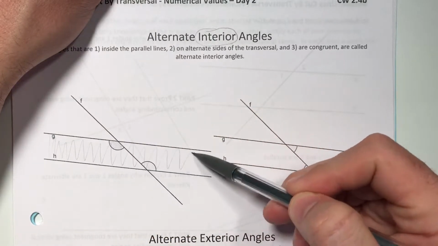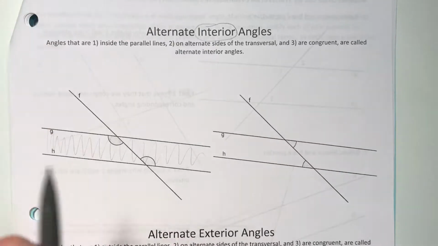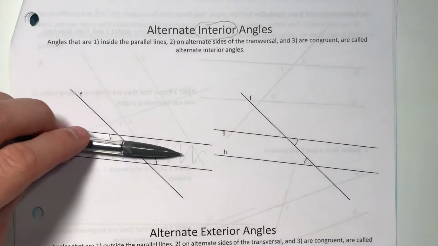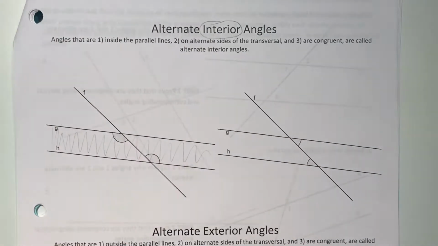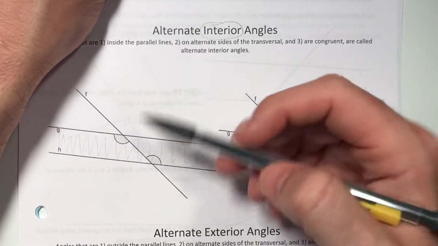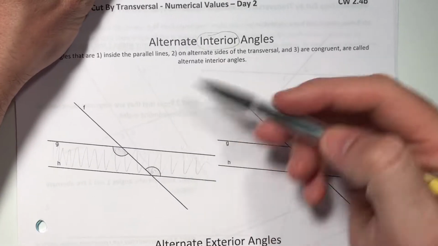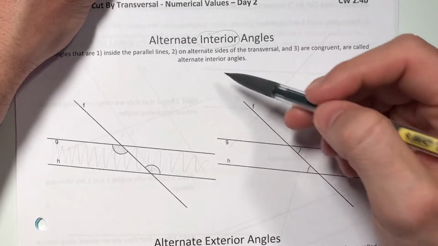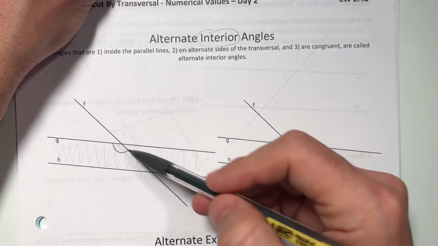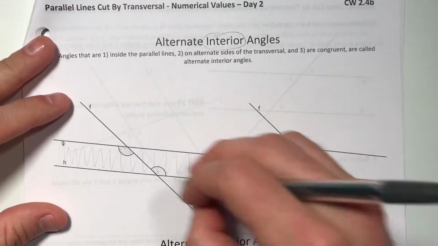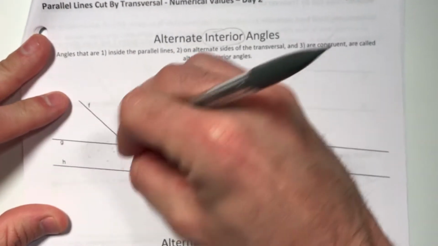So this is like the inside of a pipe, like water is running through the pipe this way. Notice that both of these angles are on the inside of the pipe. That's what the word interior means, inside. So that's the first thing you got to see.